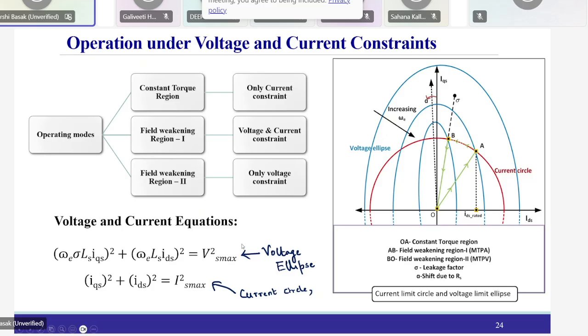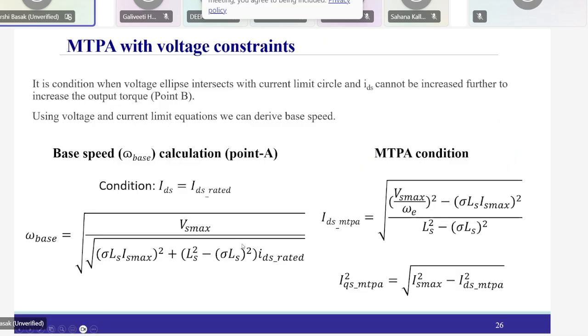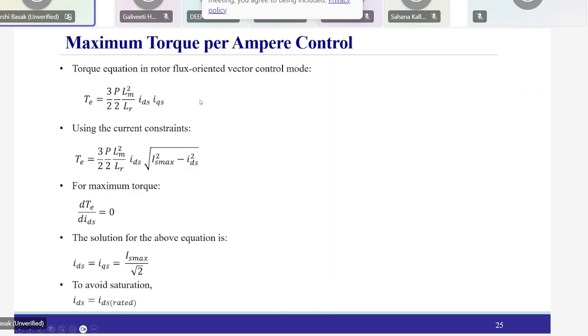So what will happen now? For the torque equation in the rotor flux oriented vector control mode, we will try to derive the expression for maximum torque per ampere control.